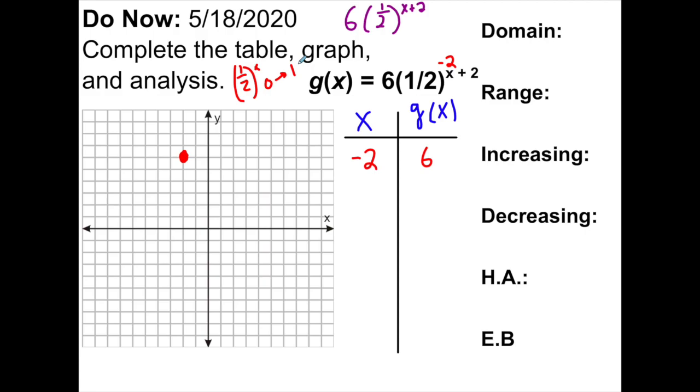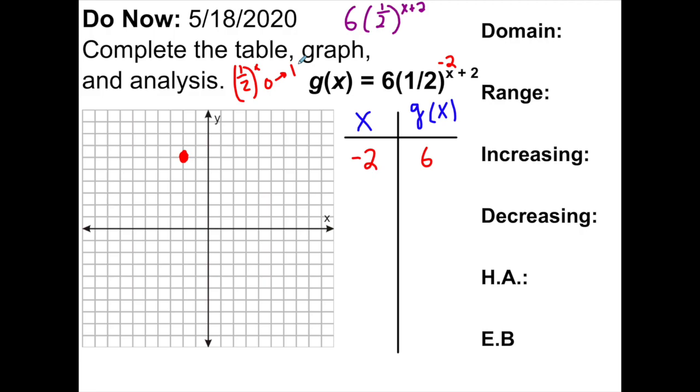So now, the number, instead of 0, that will give us that exact same value in the exponent has been moved to the left by 2. So now -2 in the new function, g of x, will give you the exact same exponent as 0 in the parent function, right? And -2 is 2 to the left of 0. So that's an indication of 2 to the left.